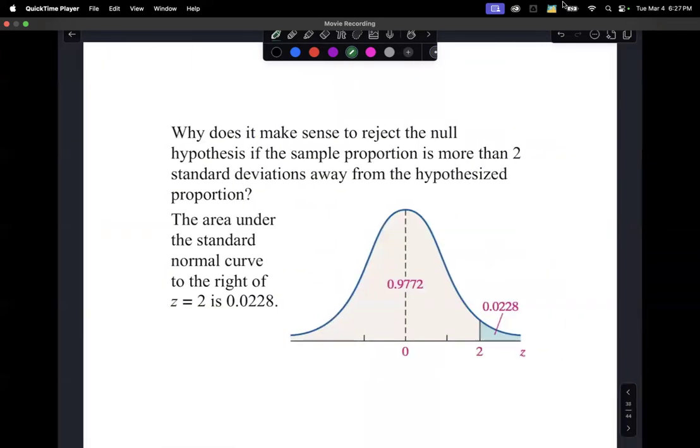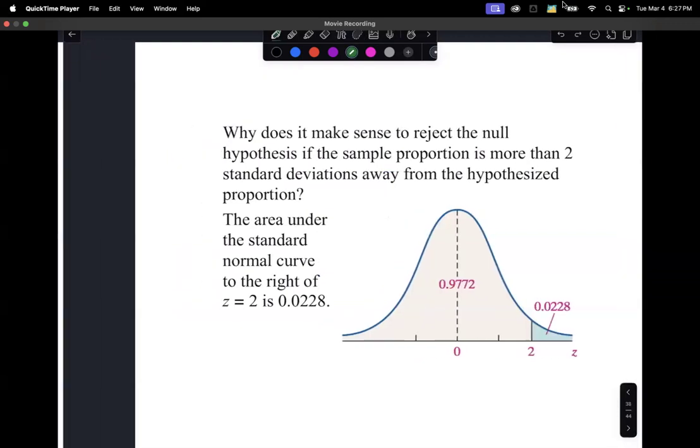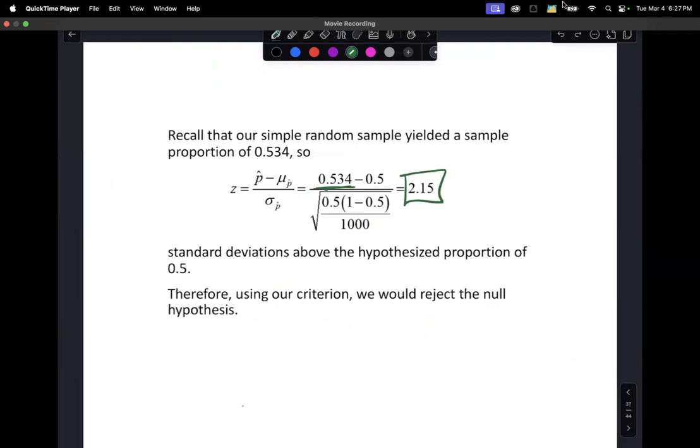Okay, that's the classical approach. What it does is compare the edge of your confidence interval with the z-score of your sample. If your sample has a z-score further out than the edge of your confidence interval, we reject the null hypothesis.